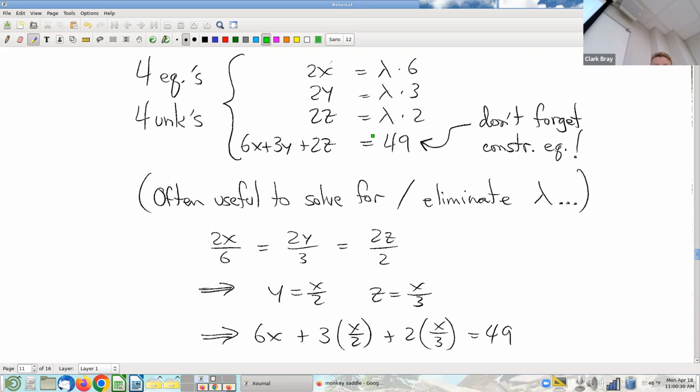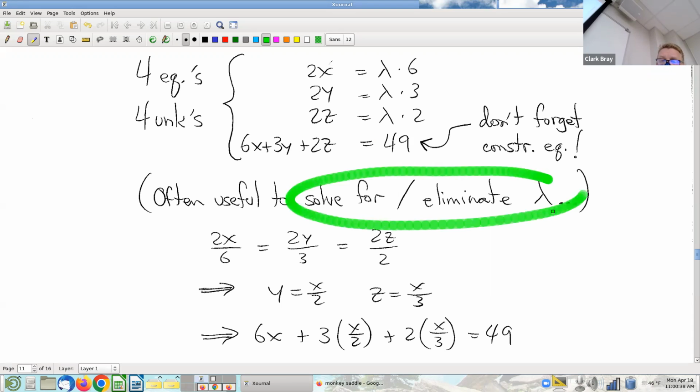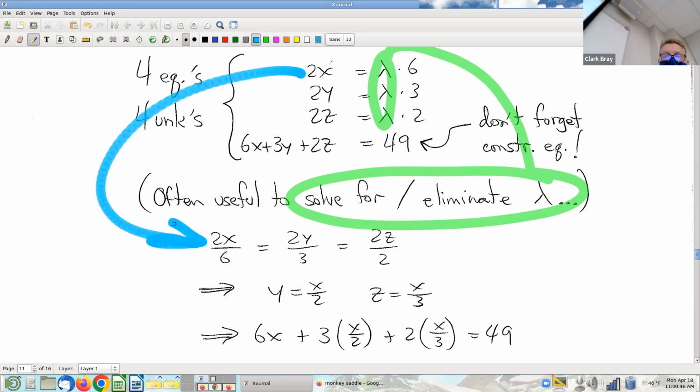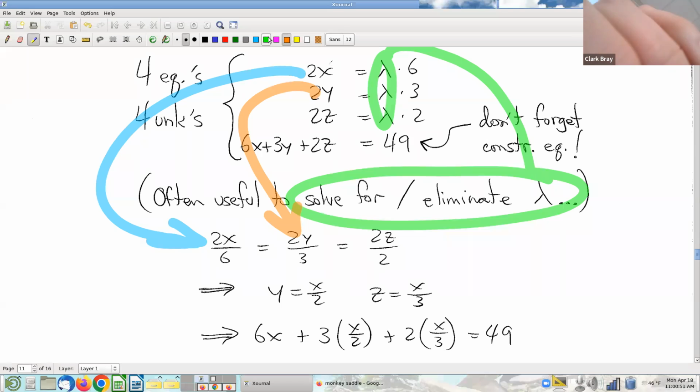So I'm going to show you how this one works out. And this is a surprisingly common strategy, and that is to eliminate the lambda. Namely, solve for that lambda in all 3 of these equations. Lambda in the first equation gives you that, the second equation gives you that, and the third equation gives you that.